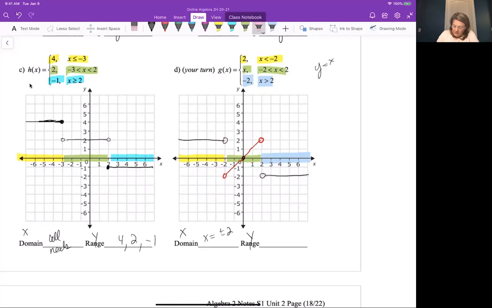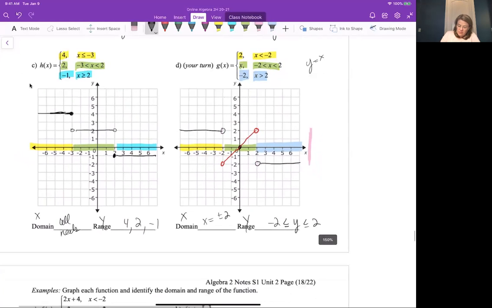Well, now I'm going to look at the graph this way. It's only in these regions do I have an output value. So y, actually, -2 is less than or equal to y is less than or equal to 2. So y is in between -2 and 2. And it's an equality because it includes -2 and 2.